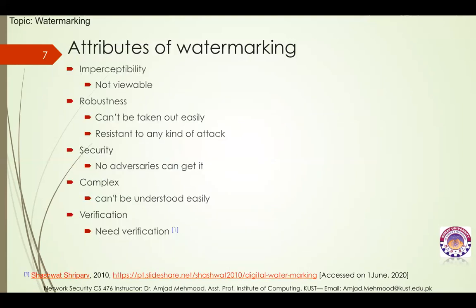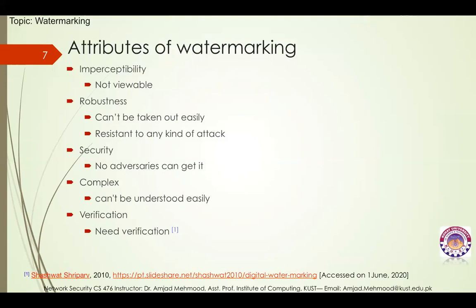These are the attributes of watermarking. Imperceptibility means it is not visible or noticeable in the image or in the big information. Robust means it cannot be taken out easily by an attacker, so it can resist any kind of attack.